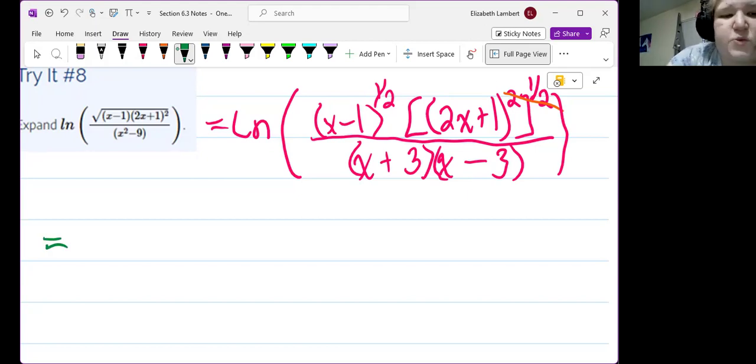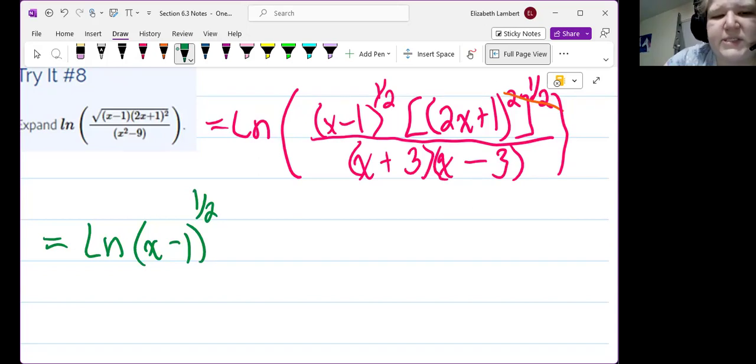All right, so our first one, the natural log of x minus 1 to the 1/2. And we will bring the powers down, but I usually separate dealing with powers separate from product and quotient rules, because the powers are usually associated with things that are in the big product quotient mush.